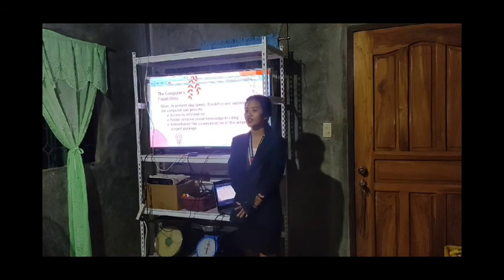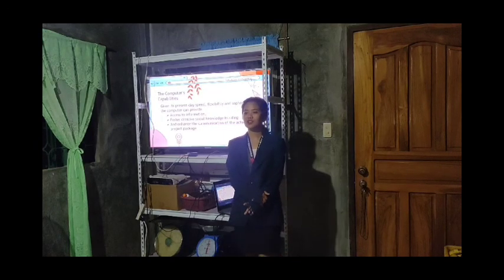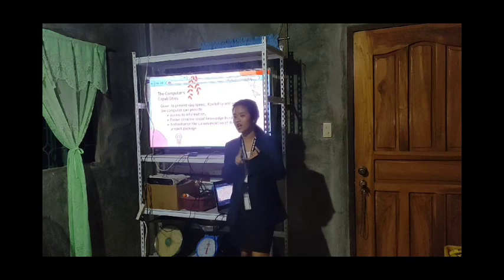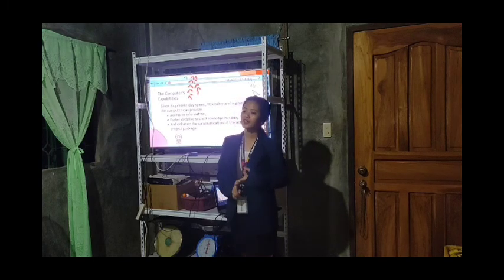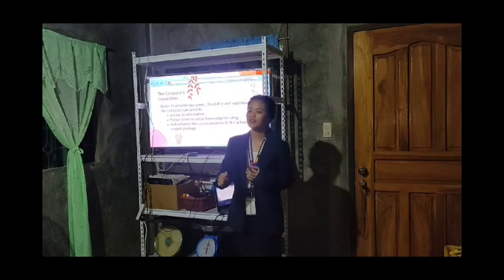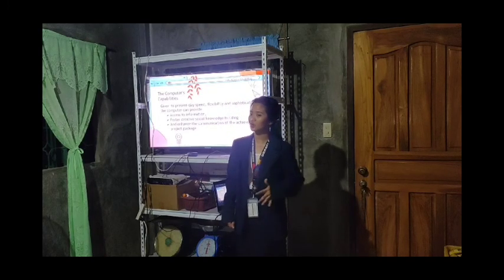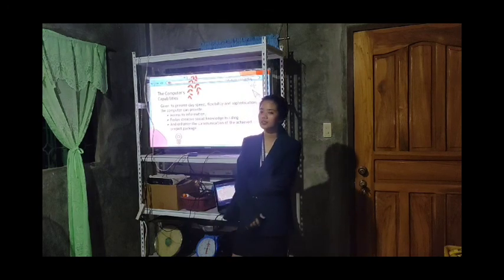We also learned the two types of constructivism, which is the first, the radical or cognitive constructivism, and the second one is social constructivism. We also discussed the summary of two learning theories. So, sa tingin niyo class, bakit mahalaga ang dalawang learning theories? May volunteer to answer? Mr. Valdez?